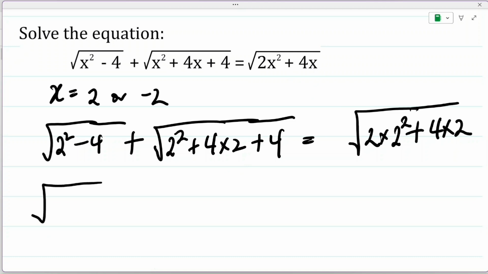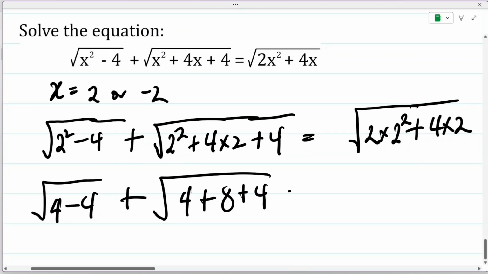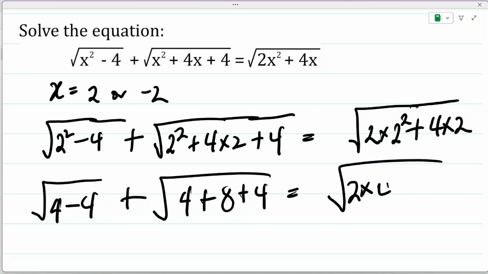You have square root of 2 squared, that's 2 times 2, that's 4 minus 4 plus square root of 2 squared. This 2 squared is 4 plus 4 times 2, that's 8 plus 4 equals square root of 2 times 2 squared is 2 times 2, that's 4 plus 4 times 2, that's 8.